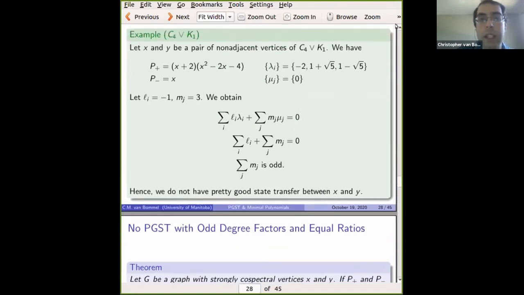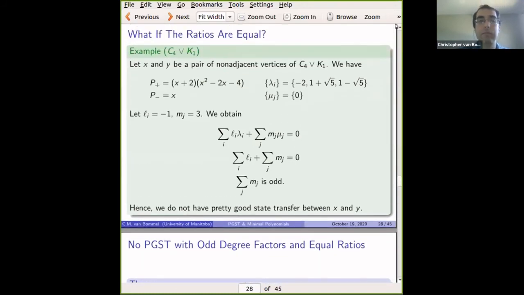The other side of that, we can consider what happens if the ratios are equal. So here we have essentially the wheel on 5 vertices, so a center vertex attached to all vertices of C4.